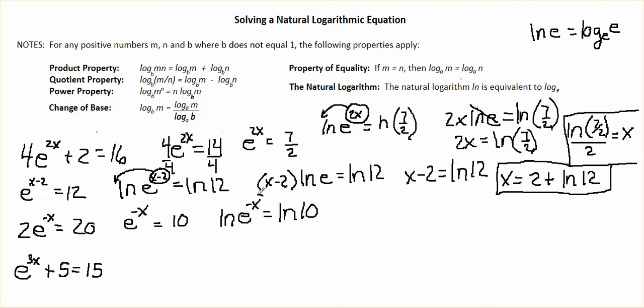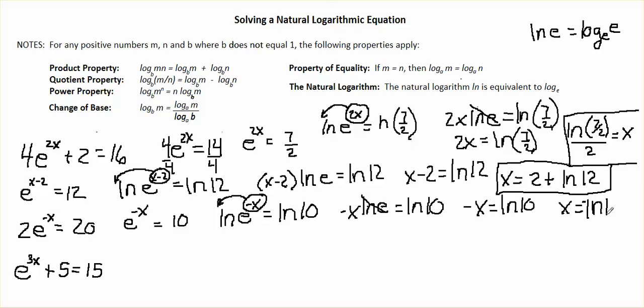We're going to take our exponent and move it in front, so we get negative x times the natural log of e equals the natural log of 10. So now this is going to basically cancel because that is the number 1. We get negative x equals the natural log of 10. And when we solve for x, we get x equals negative natural log of 10. Oh, I almost forgot the negative. There we go.